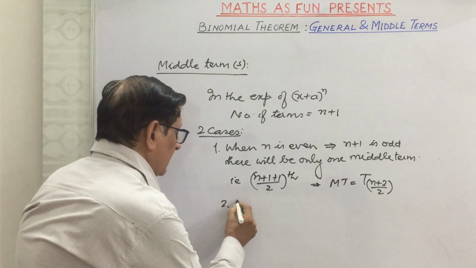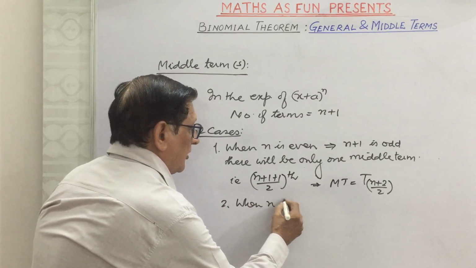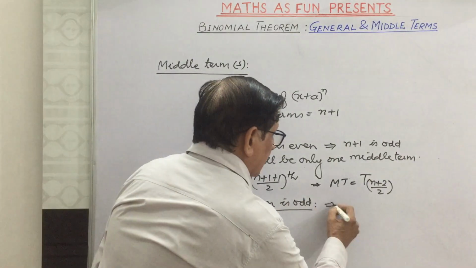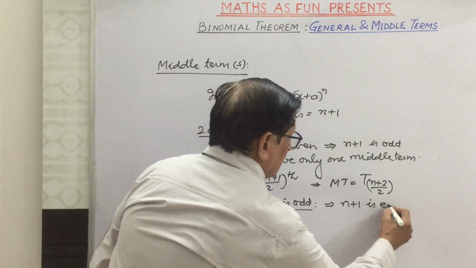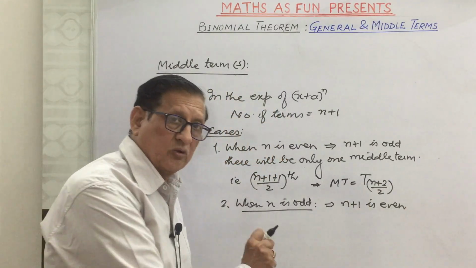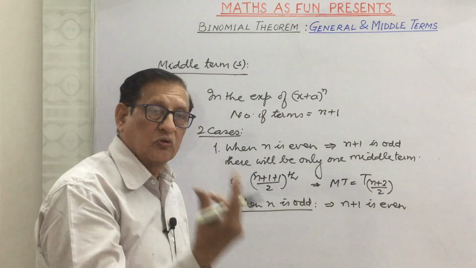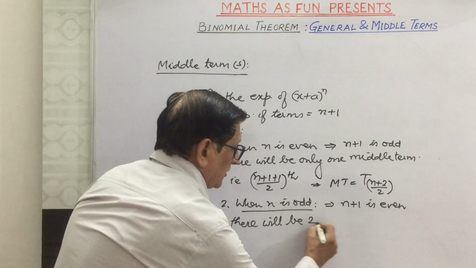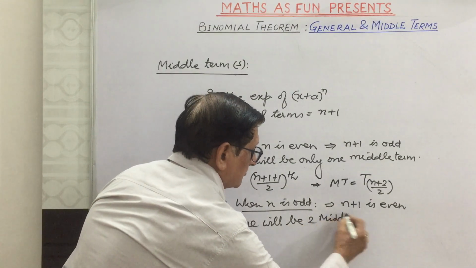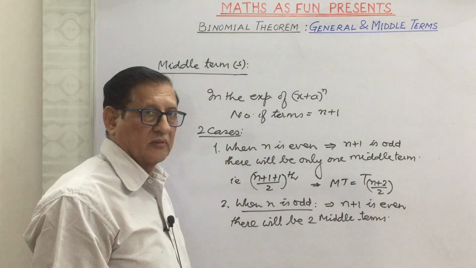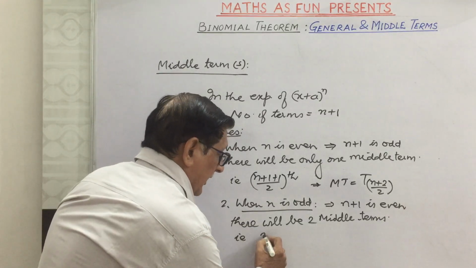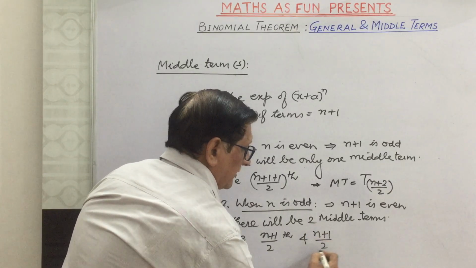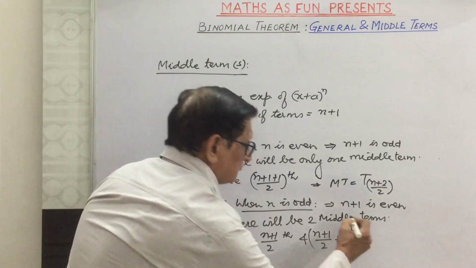Number two, when n is odd. If n is odd, then n plus 1 will be even. And we know for even numbers there will be two middle terms, and those are the (n+1)/2 th term and the ((n+1)/2 + 1)th term.